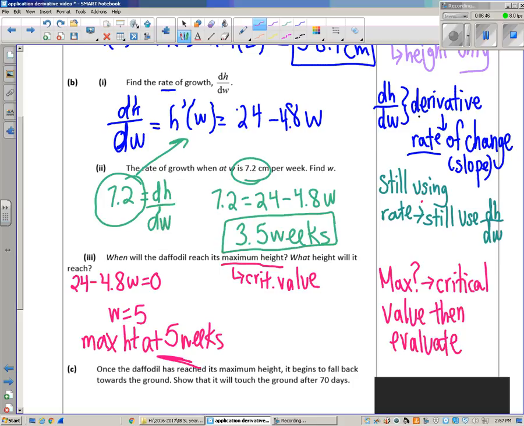So now I'm going to plug back into H. I'll get H of 5, and when I do that calculation and plug in very carefully, you should be getting 60 centimeters. So again, feel free to pause the video, make sure you're getting that value when you plug into your original function to get the maximum height.